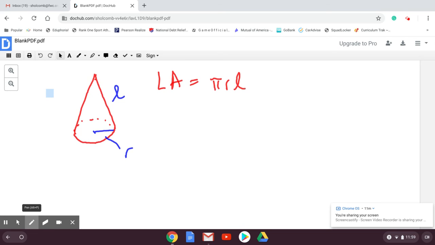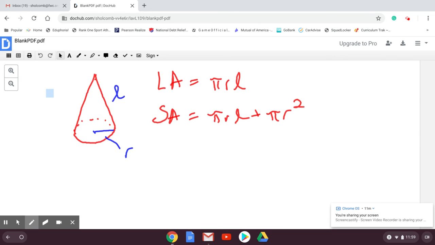Again, the L is a cursive slant height L. The surface area is the lateral area, which is pi rl. But then you have to add the area of the base, which in this case is a circle, so that's just pi r squared. So there's your two formulas.